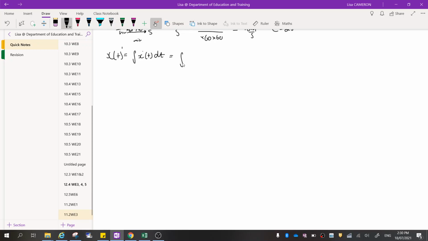So that's going to be the integral of 4t squared minus 20t plus 25 integrated with respect to t, which is going to give me 4 over 3 t cubed minus 10t squared plus 25t plus some constant.